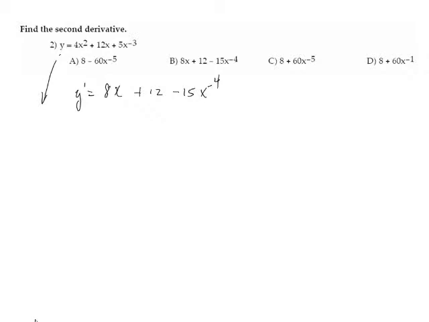Just leave it in this form and do the second derivative. Second derivative would be 8. The derivative of 12 is just 0. And then the last portion would be plus 60x to the minus 5. And that is answer C.